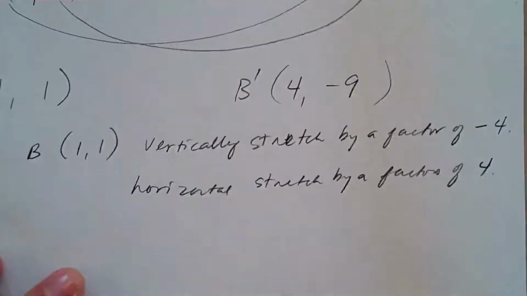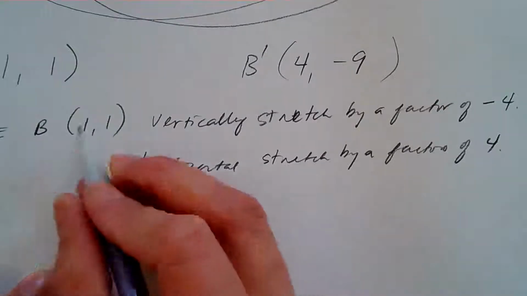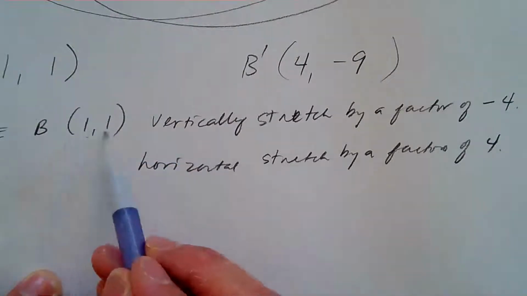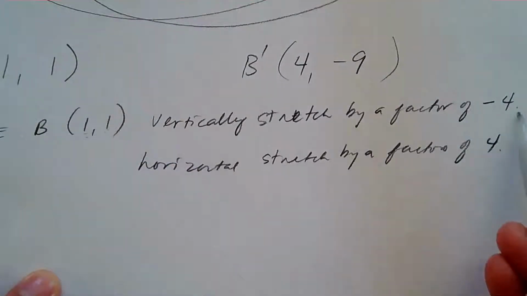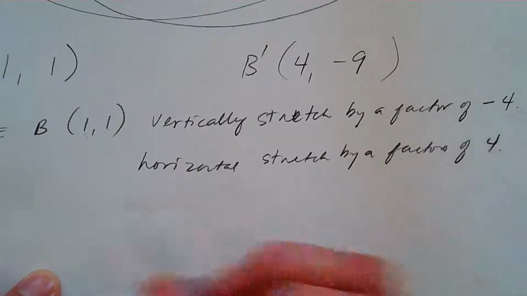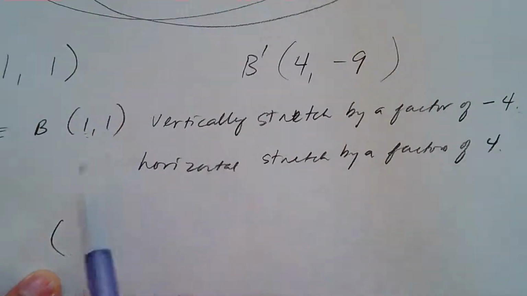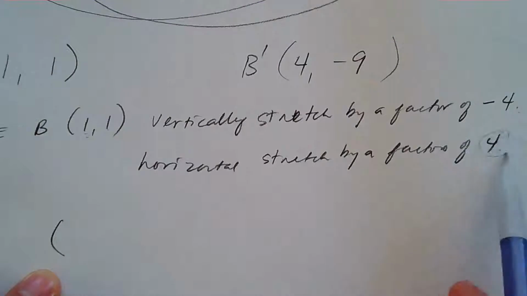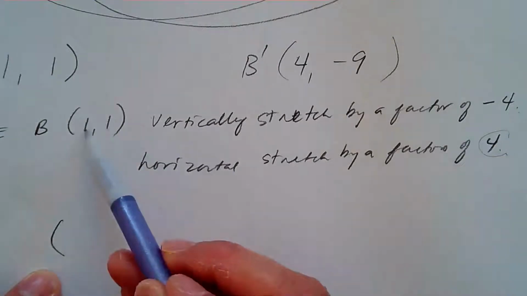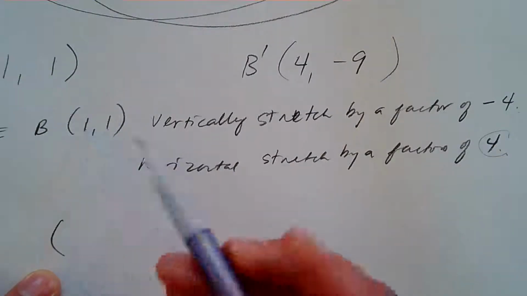So where would that be? If B is at 1, 1, and it's vertically stretched by -4 and horizontally stretched by 4, this 1, 1 has been moved to where?